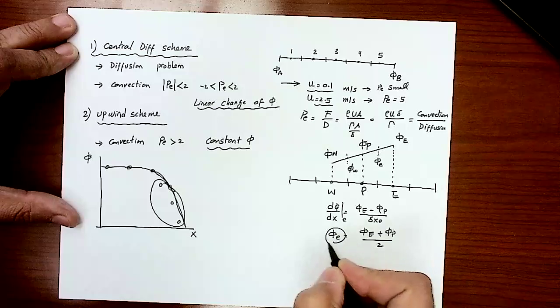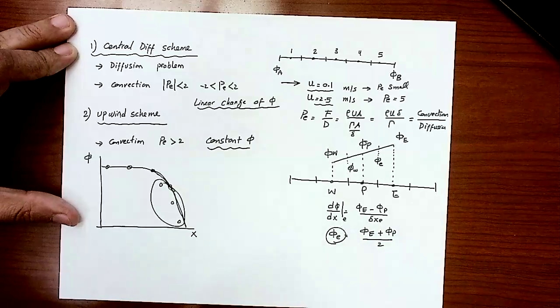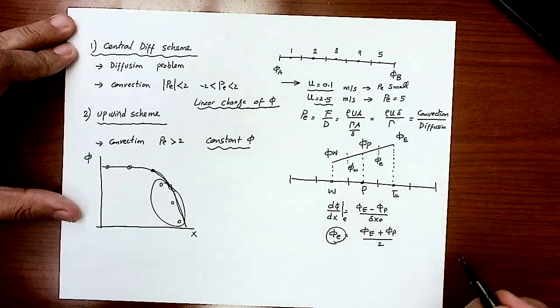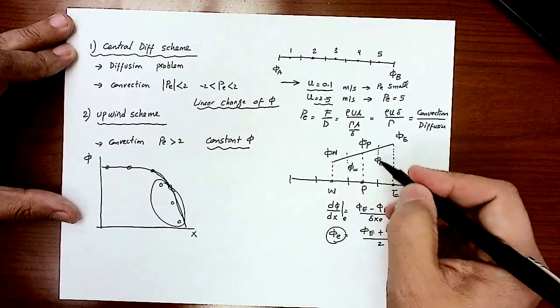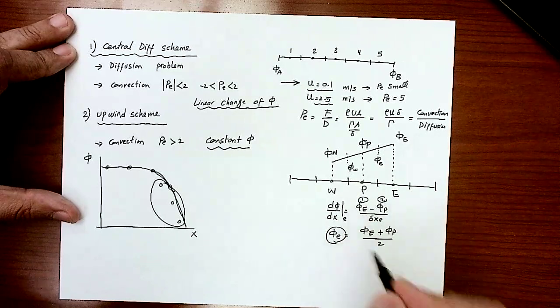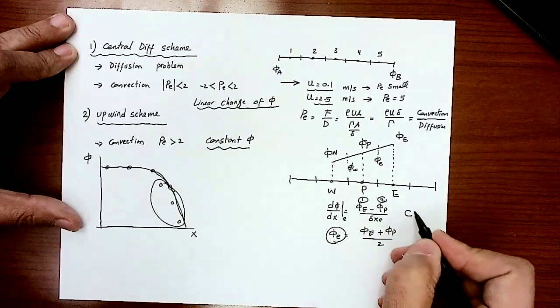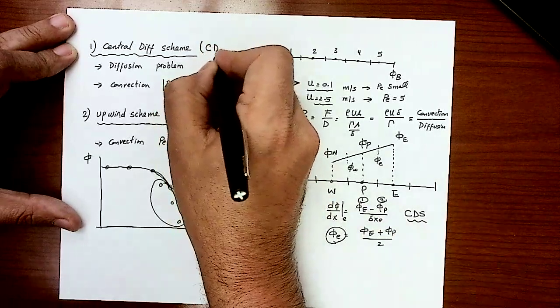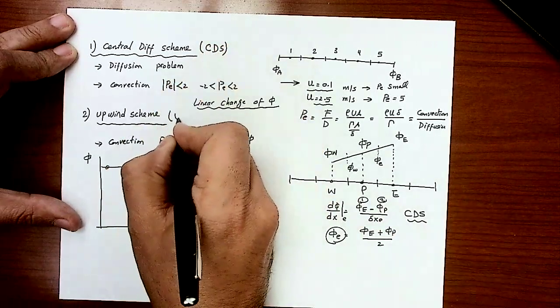So either you approximate the convection phi value at the face of the cell, or you are getting the gradient of the phi function also at the face of the cell. We are using 2 points to get that approximation. This is the central differencing scheme.